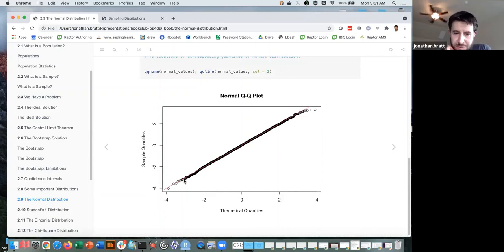If my points get further away from this line, so down over here and up over here, that means a point is bigger in the sample quantile than it is in the normal quantile, which means I have fatter tails. Yeah, see, it's hard.